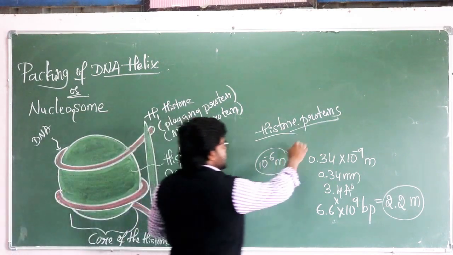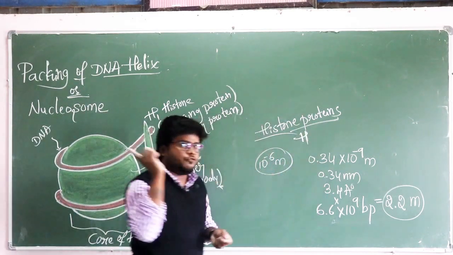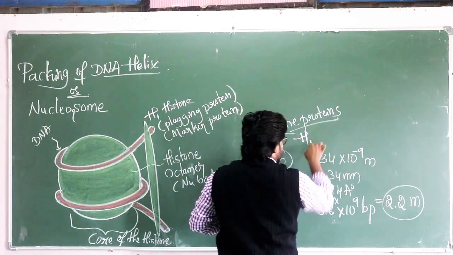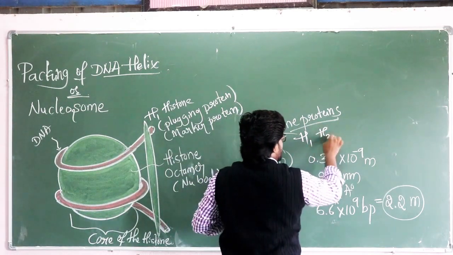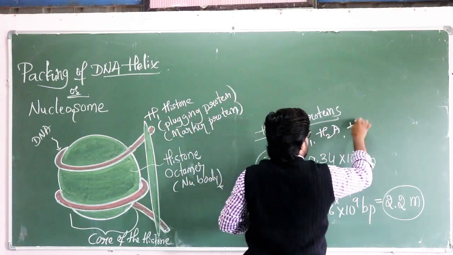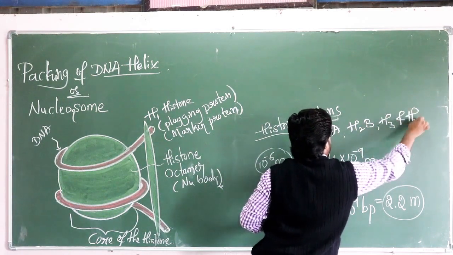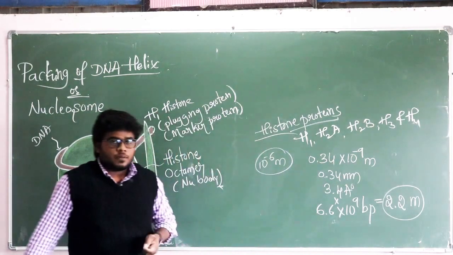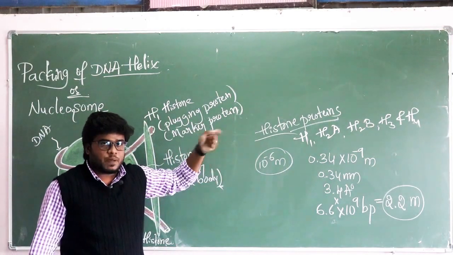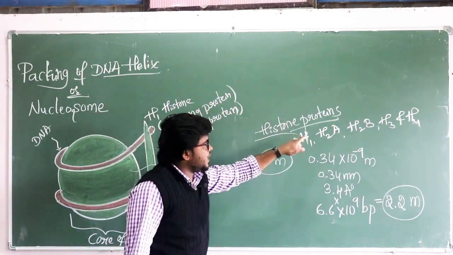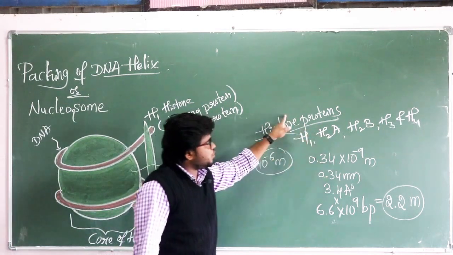There are 5 types of histone proteins, that is H1, H2A, H2B, H3 and H4. These are the positively charged specialized basic proteins called histone proteins.